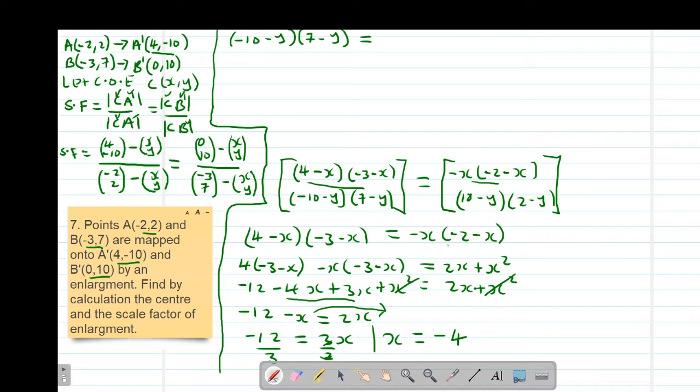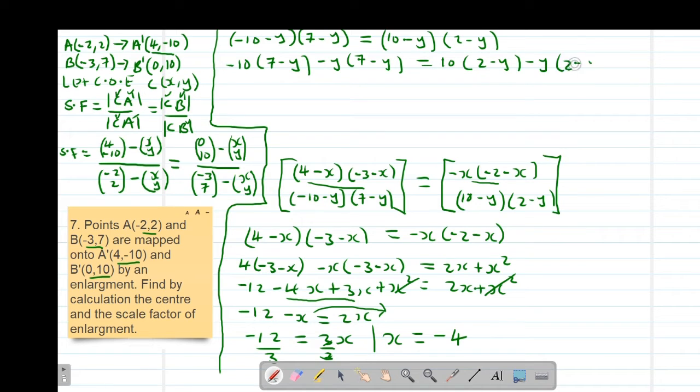So on this other side I'm having 10 minus y being multiplied with 2 minus y. So this will be negative 10 into 7 minus y, then minus y into 7 minus y, which should be equal to 10 into 2 minus y, then minus y into 2 minus y.